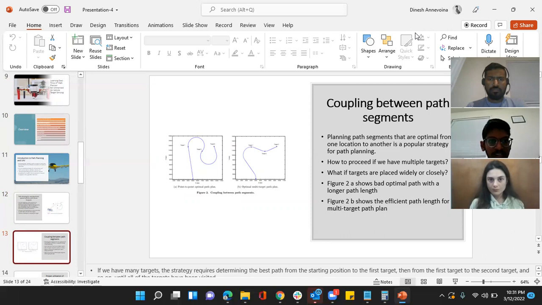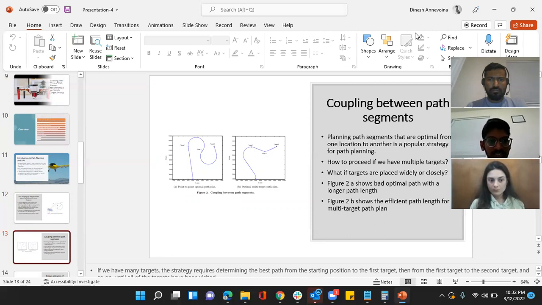If we have multiple targets, then the strategy would be determining the best path from the starting position. In the figure, this is the starting position. From here we will reach target 1, the first target. After that, from target 1 we will go to the second target, and from the second target we will go to target 3, and so on. If we have more, we will continue in the same way.